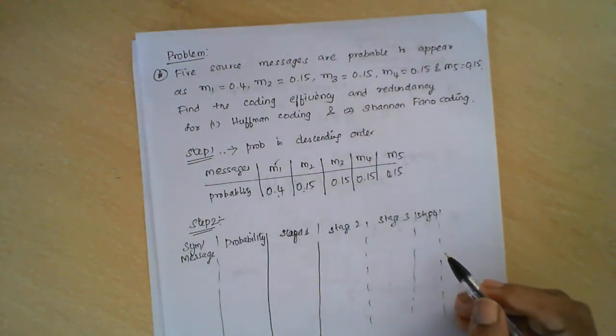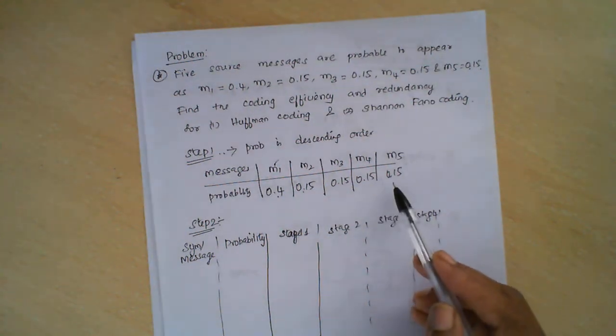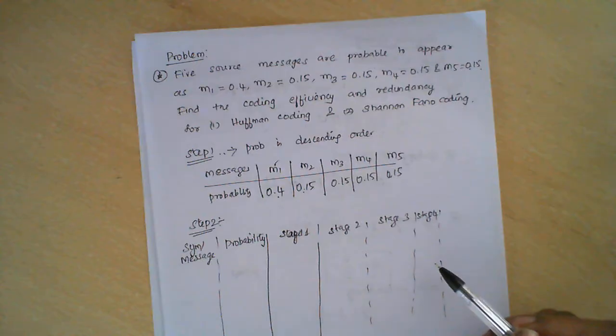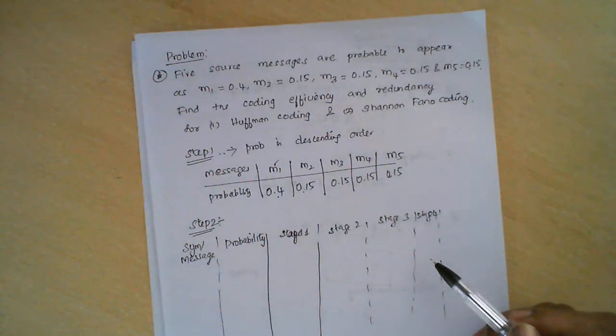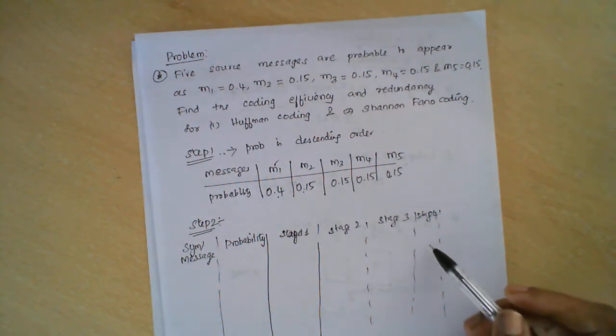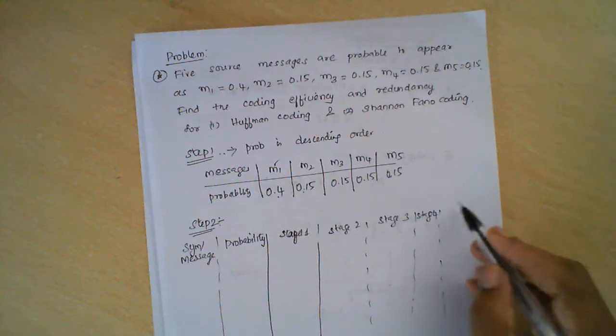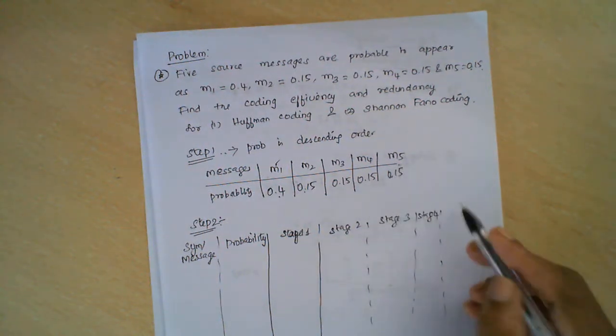If the number of messages is 5, you can see it will appear till the 4th stage, that is, n minus 1 stages.